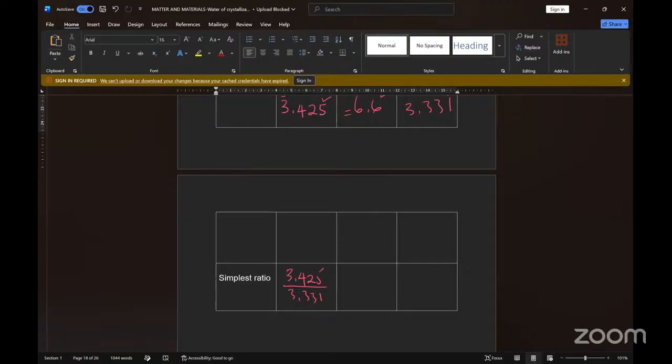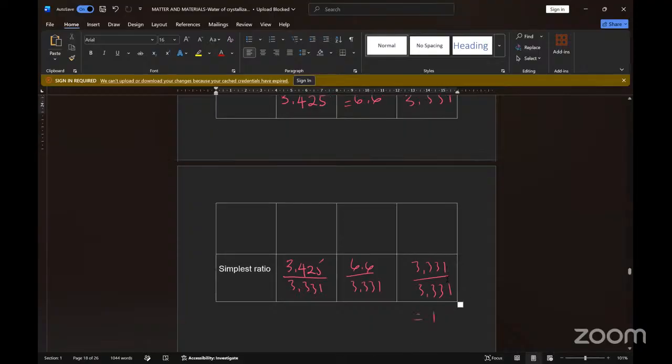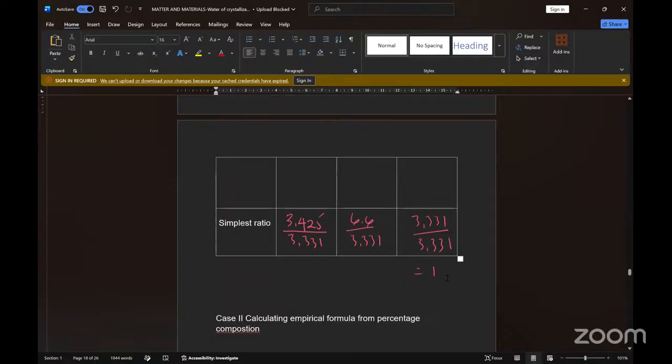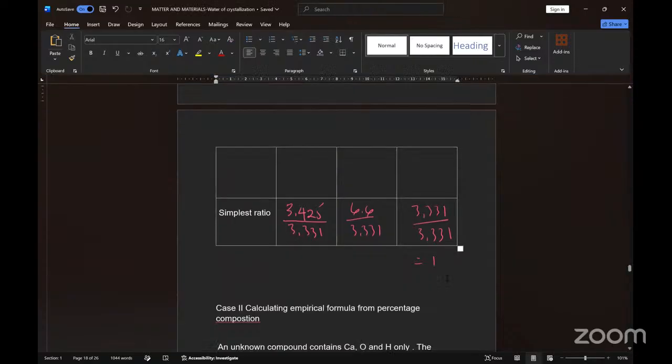Then the next one is 6.6 divided by 3.331. Then the last one is 3.331 divided by itself. So obviously this one gives us 1. Anything divided by itself is 1. Then in the other one, we have 6.6 divided by 3.331.